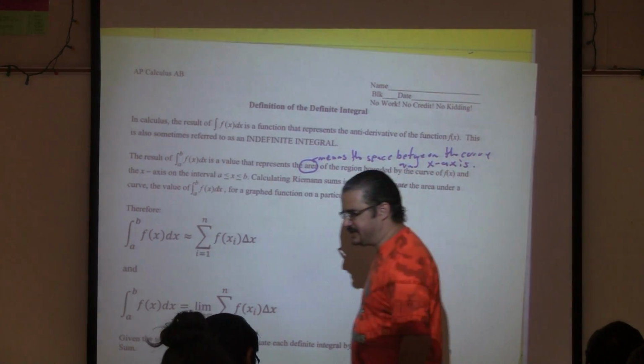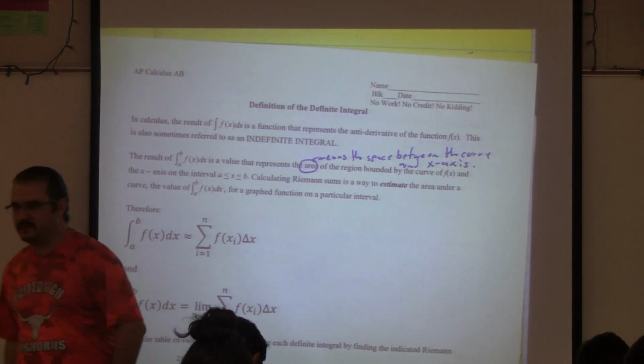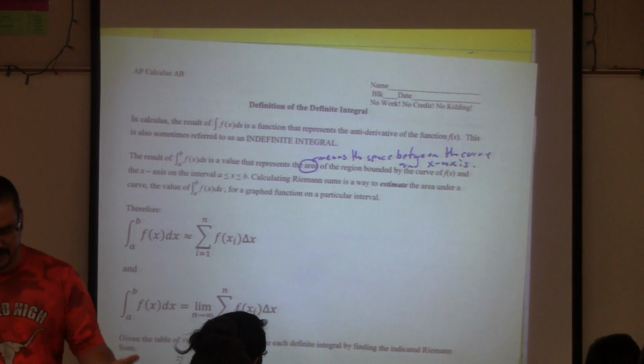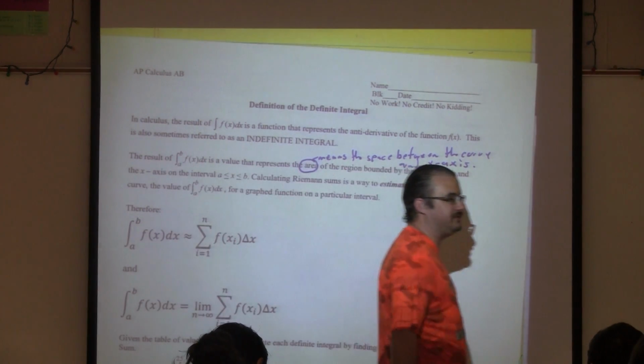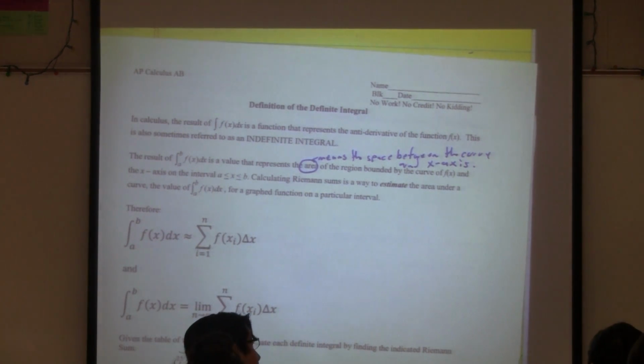Okay, the reason I want you to think of it like that is because you're going to have parts of the graph that are below the x-axis, and those are going to actually give you negative answers to this particular problem.